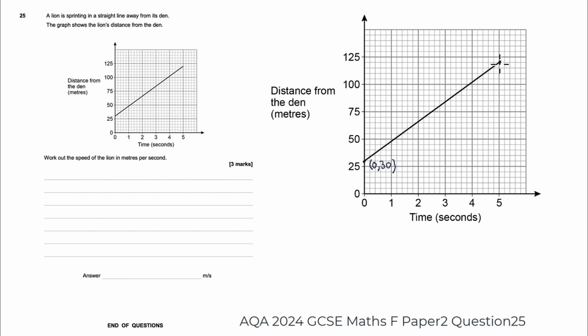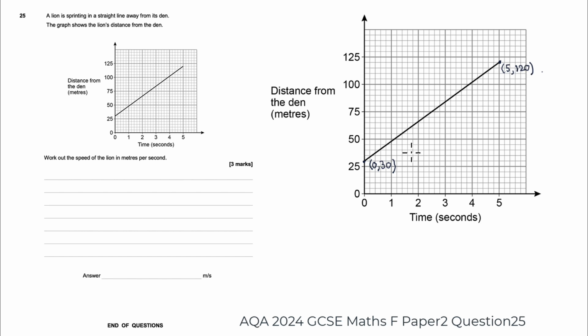Let's see what this point tells us. It tells us the lion's been running for 5 seconds. And how far has it travelled? Well, look, that's 1 square short of this 125 metre line. So 5 metres away from 125 would be 120. So after 5 seconds, it's now 120 metres from its den.